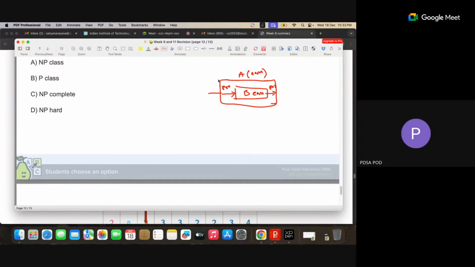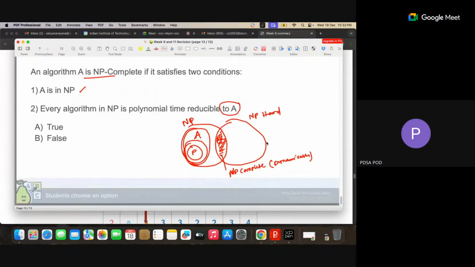That's the same thing they are studying, that is reducing. A is already in the NP location, but some more problems in NP are already in polynomial time, and they can reduce A. Yes, they can. Because it says every algorithm in NP is polynomial time reducible to A, meaning those problems in NP can be reduced to A. Yes, very simple, I will tell you.